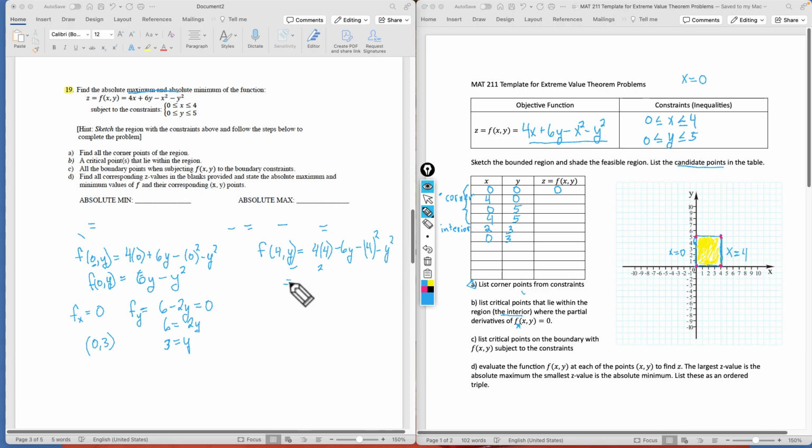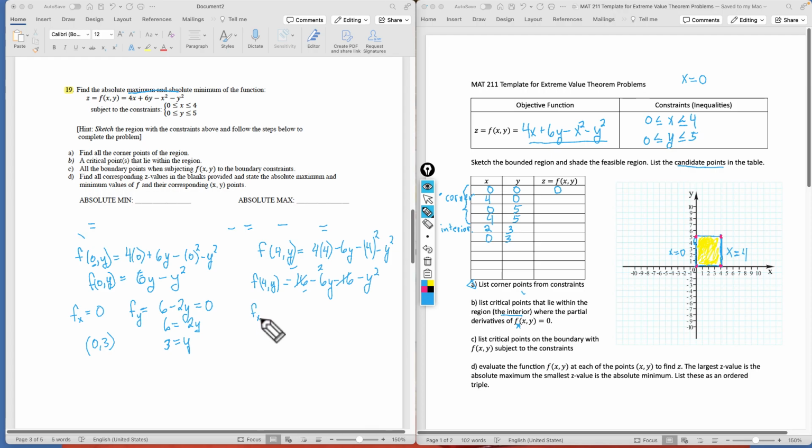Okay, and then we get 4 times 4 is 16 plus 6y. 4 squared is 16 minus y squared. 16 minus 16 is 0, so those are gone anyway. They would have dropped out when we did the derivative anyway. So again, it's 6y minus y squared. Kind of a boring function that keeps coming up.